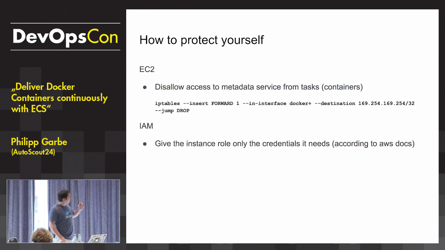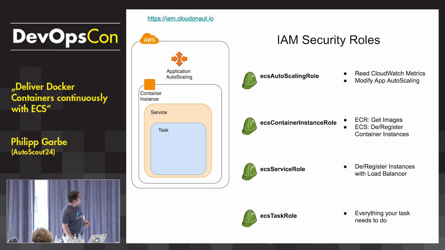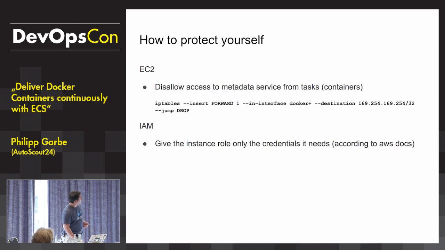The second advice was to give the instance role only the permissions it really needs. But this is already the minimum permissions that you have to define, so you can deregister the container instance on the cluster. So I think it's very important to set up the IP tables rule so that containers cannot access the metadata service.